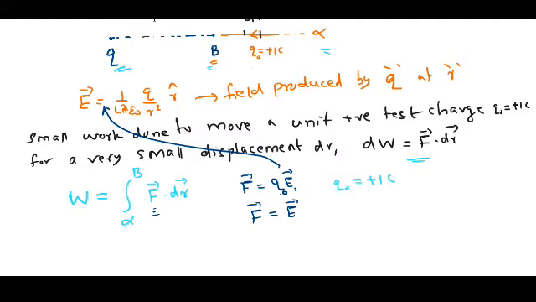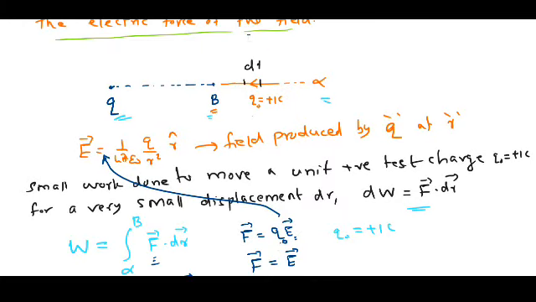E. Therefore, W can be written as the integral from infinity to the point B of E dot, instead of F, I can substitute E dot dr. Here, if you see in the figure, since it is a plus Q charge, our source charge, the electric field will be along this direction, away from the charge.